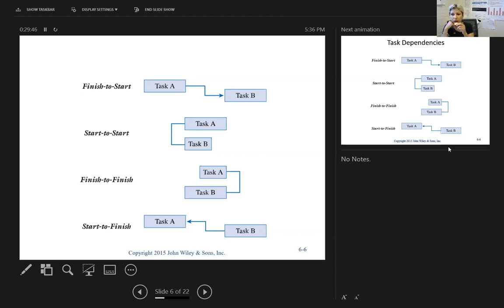Do you see that, Connor? Connor, you should be in the breakout room now.